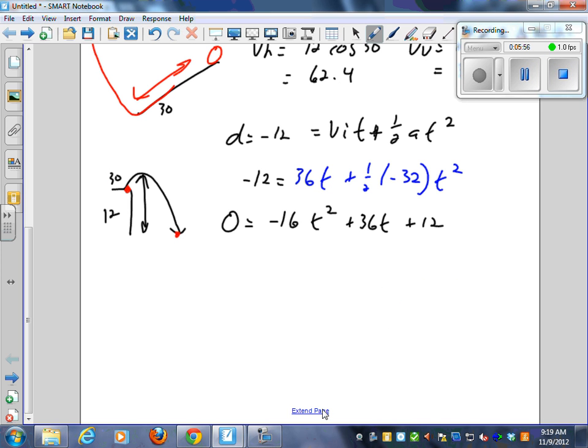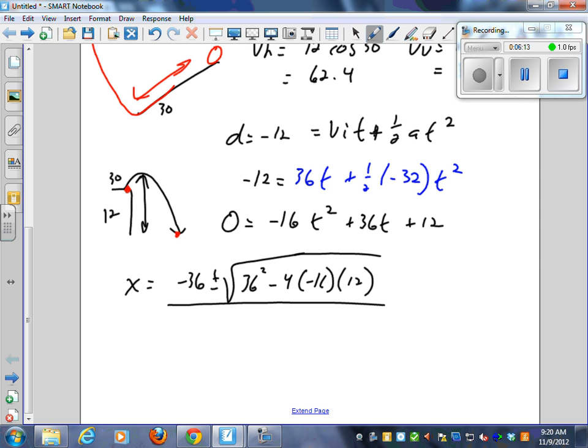All right. So minus b, that's going to be minus 36 plus or minus the square root of b squared, which is 36 squared, minus 4 times a, which is minus 16, times c, which is 12, all over 2 times minus 16. I prefer to just graph it on my calculator and find the zeros.